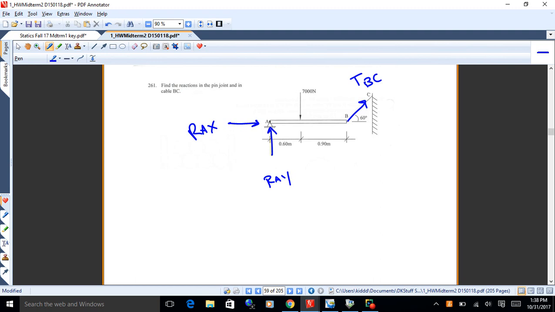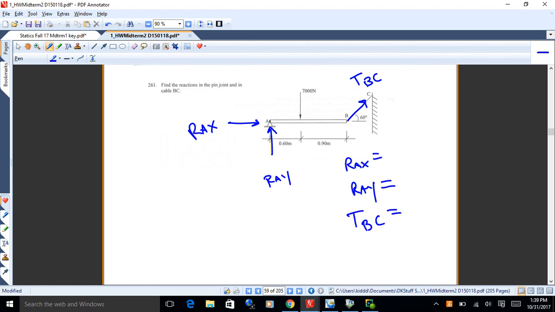I can't remember, are there answers on that one? The book? Let's see. Okay, why don't I give you answers for those just so you know what you're shooting for. I've got RAX, RAY, and tension B and tension BC.